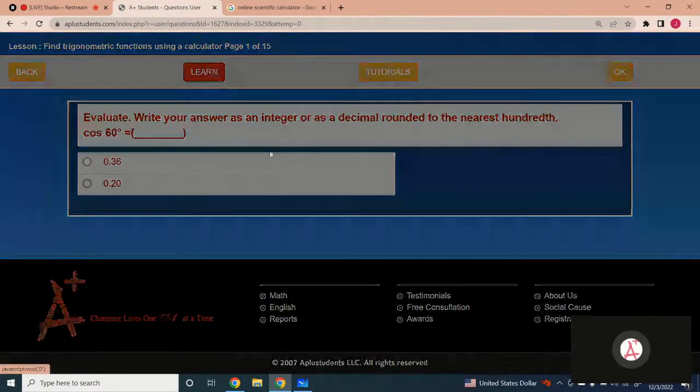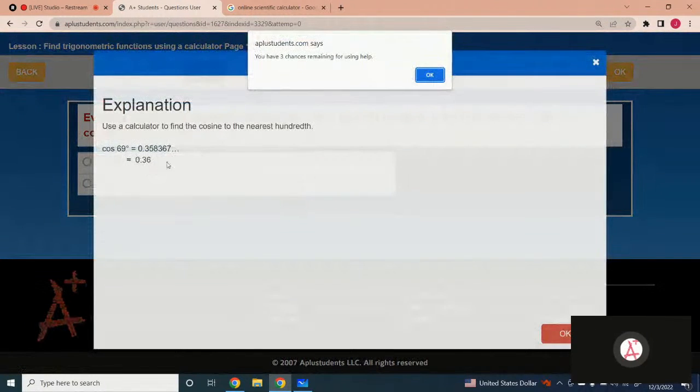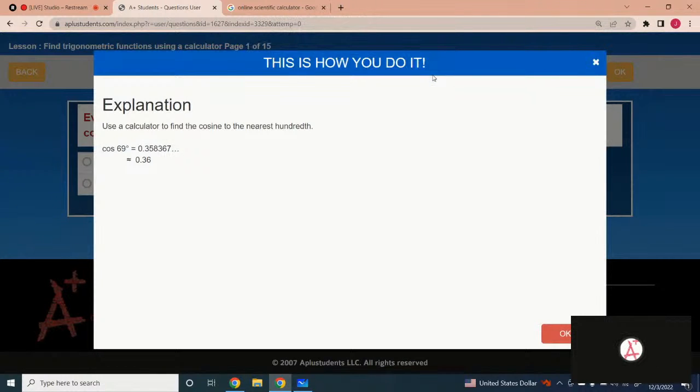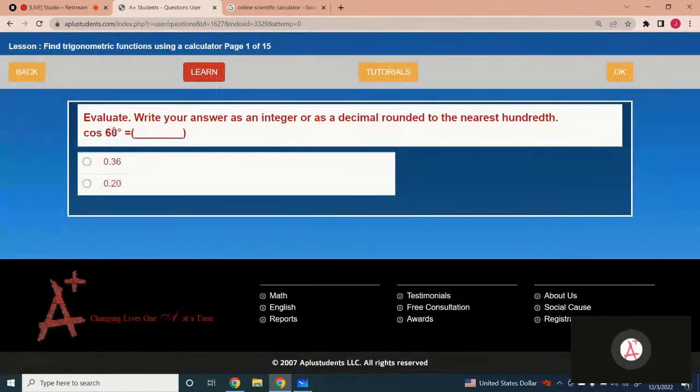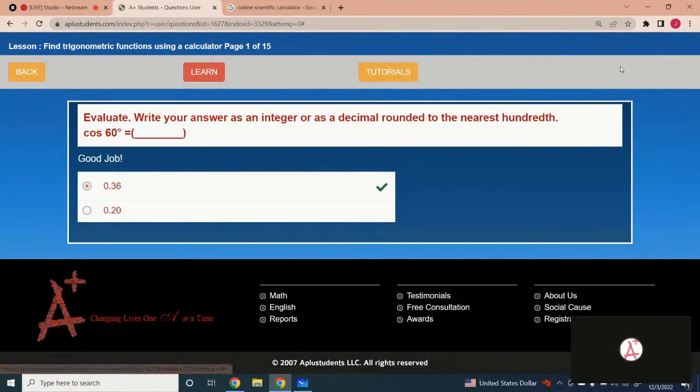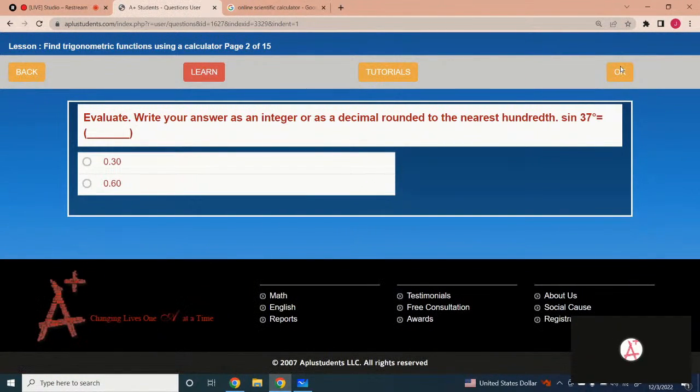Here you have written cos 60 and here the calculated values are for cos 69. Yes, the cos 69 is 0.36, but this isn't what is asked. So the calculated value is for cos 69. Got it? So it's a typing mistake, I think.